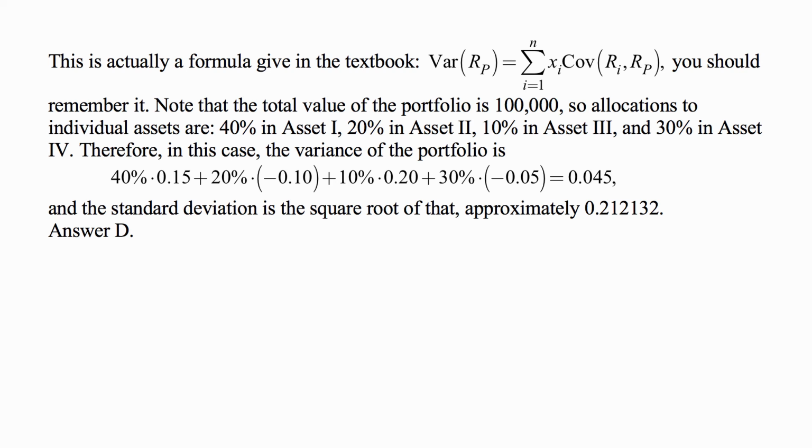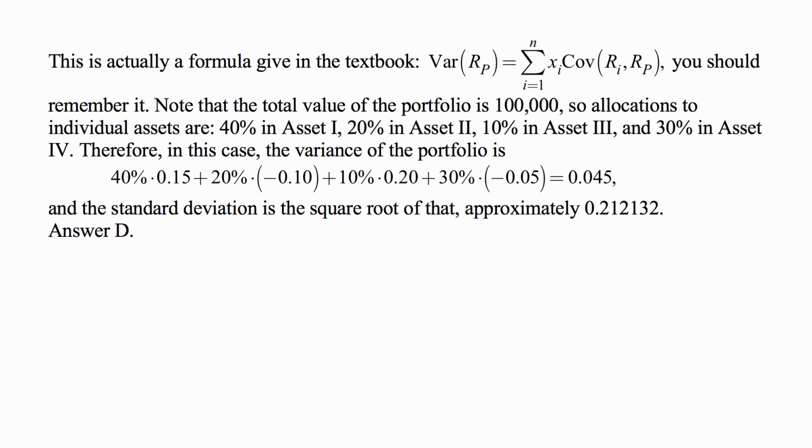Now note that the total value of the portfolio in this problem is 100,000. So allocations to individual assets are 40% in asset 1, 20% in asset 2, 10% in asset 3, and 30% in asset 4. So, in this case, the variance of portfolio is this weighted average of the covariances of individual assets returns with return of portfolio.